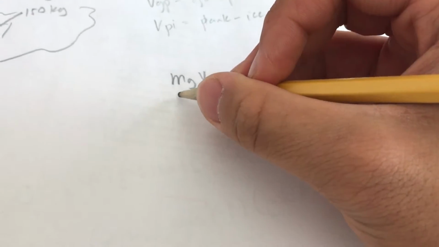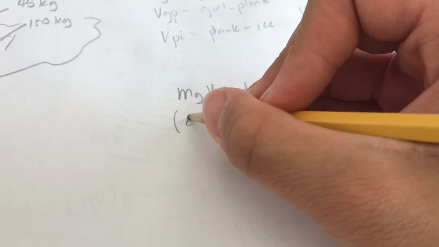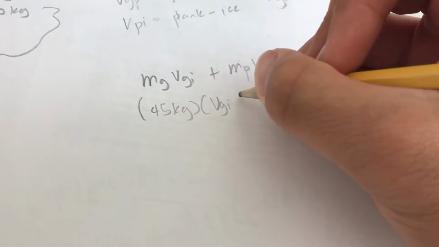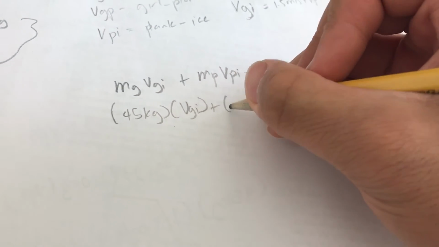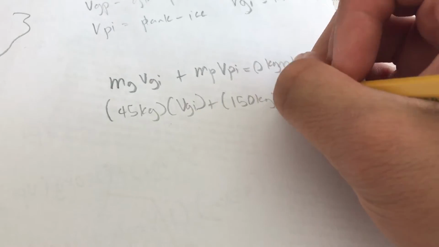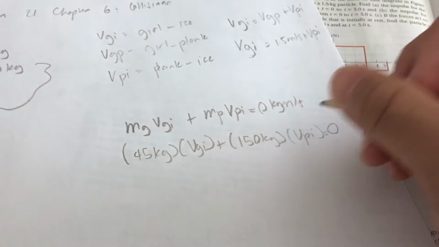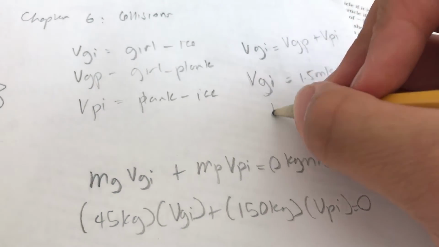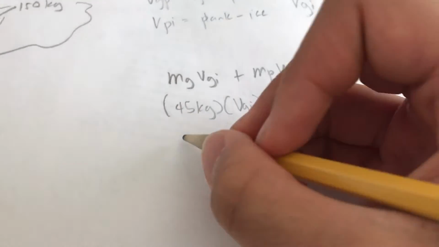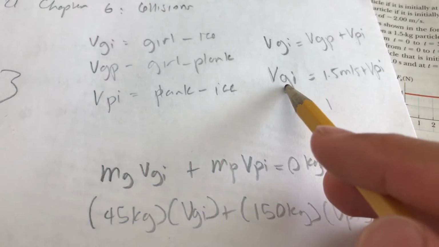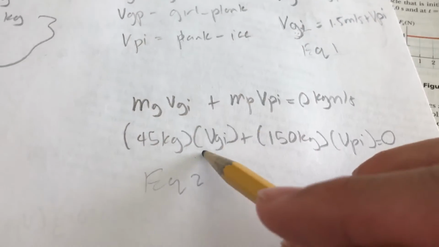Okay, so what we do know is the mass of the girl, 45 kilograms. We don't know the velocity of the girl to the ice. We do know the mass of the plank, 150 kilograms, times V_PI. So these are our two equations. This is equation 1 and this is equation 2. What I like to do is plug this V_GI into here.